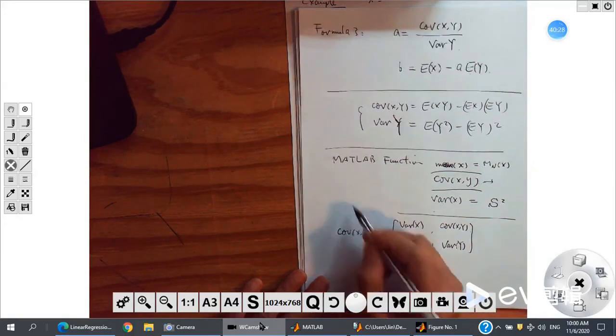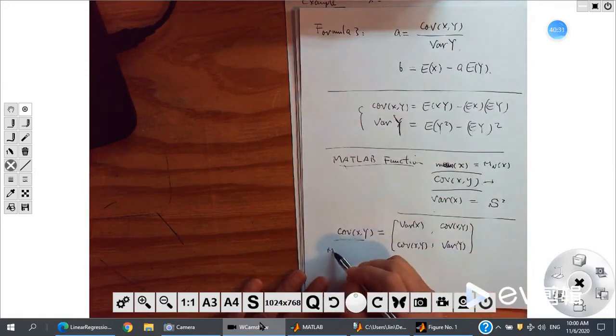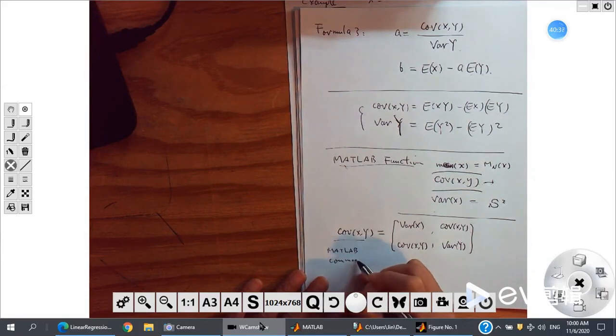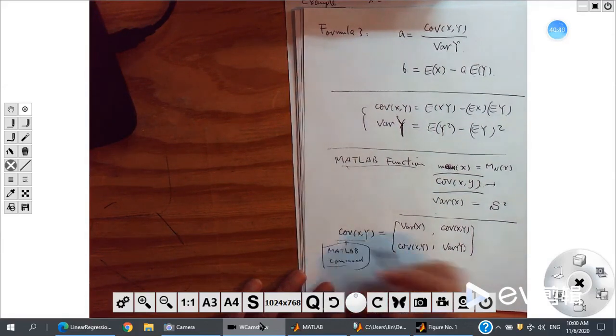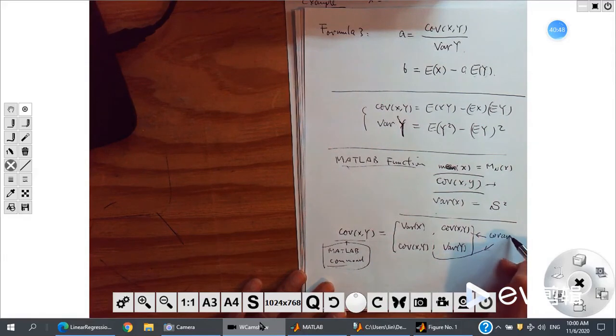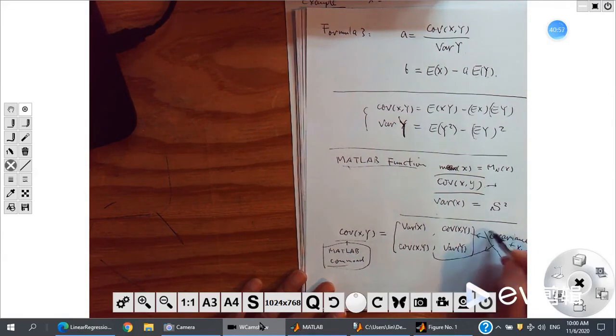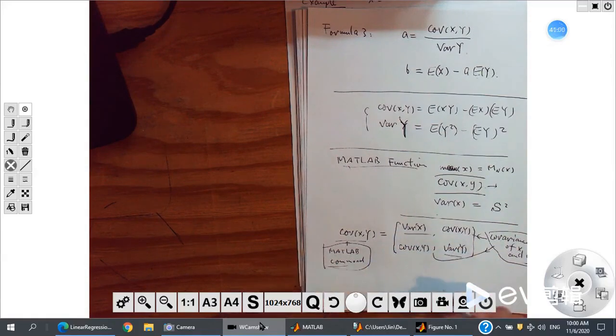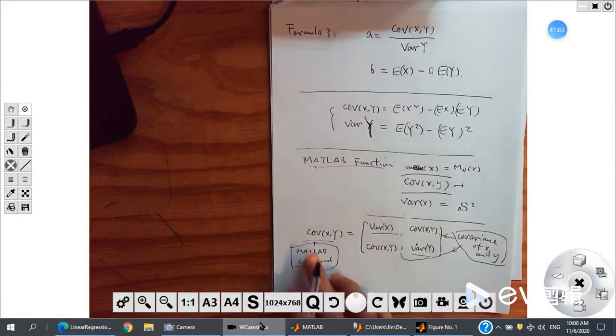This side is the MATLAB command, and this is just our notation. This is covariance of x and y, right? These two are variance. This one is in MATLAB. This gives us a matrix, and this matrix contains 4 numbers. They are these 4 numbers.